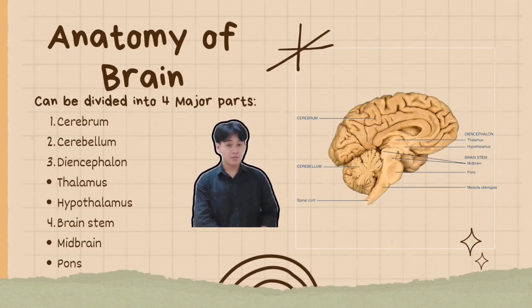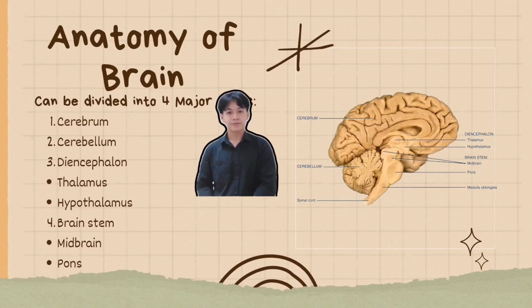The cerebellum, whose function is to evaluate how well the movements are being carried out. The diencephalon, which forms the core of the brain and consists of the thalamus and hypothalamus, and lastly the brainstem, which consists of the medulla oblongata, midbrain, and pons.